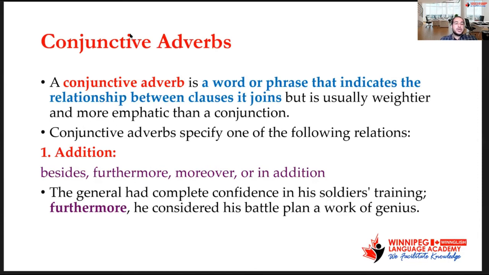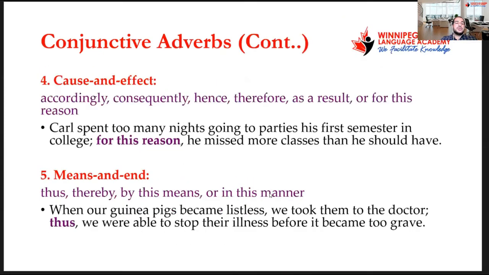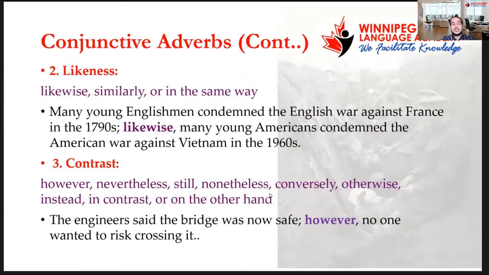Now, the conjunctive adverbs can be used to express addition, like besides, furthermore, moreover, or in addition, like this example here. Sometimes we use them to show likeness, and these are words like likewise, similarly, or in the same way.